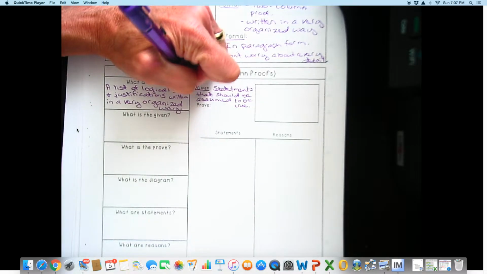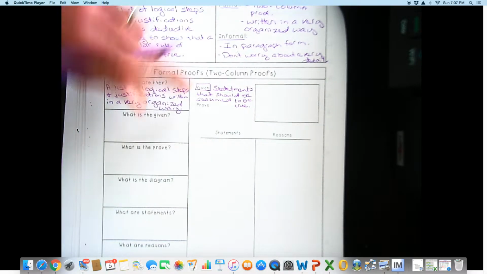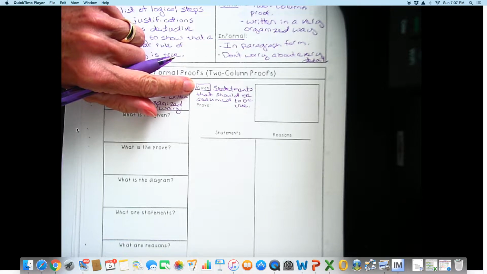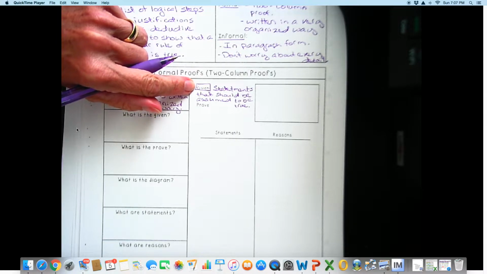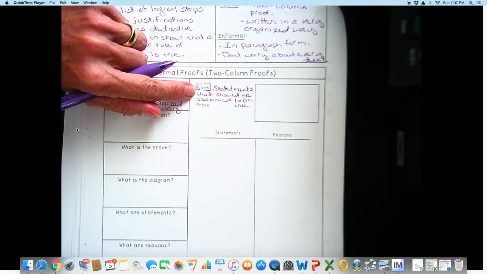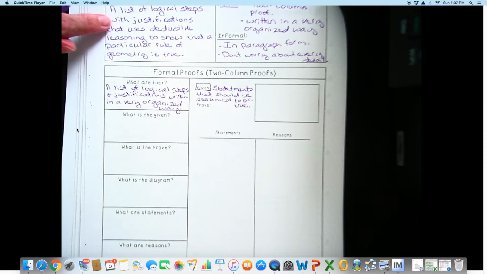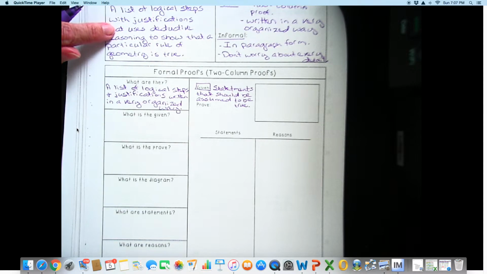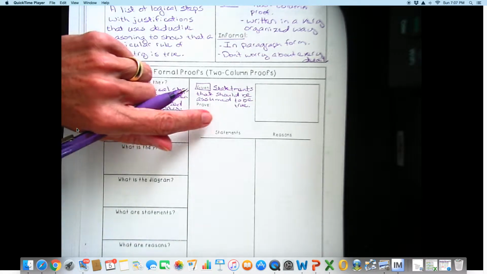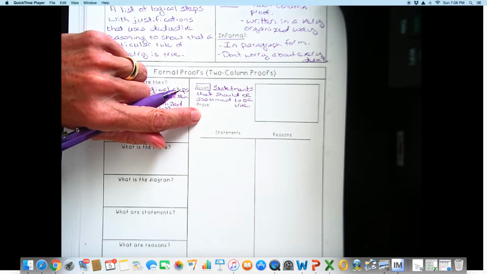This is like when you're working with a word problem, the information that's given in the word problem. They'll always give you some information, and then you have to use that information and your deductive reasoning to help you create a logical list of steps to prove whatever it is they're asking you to prove.